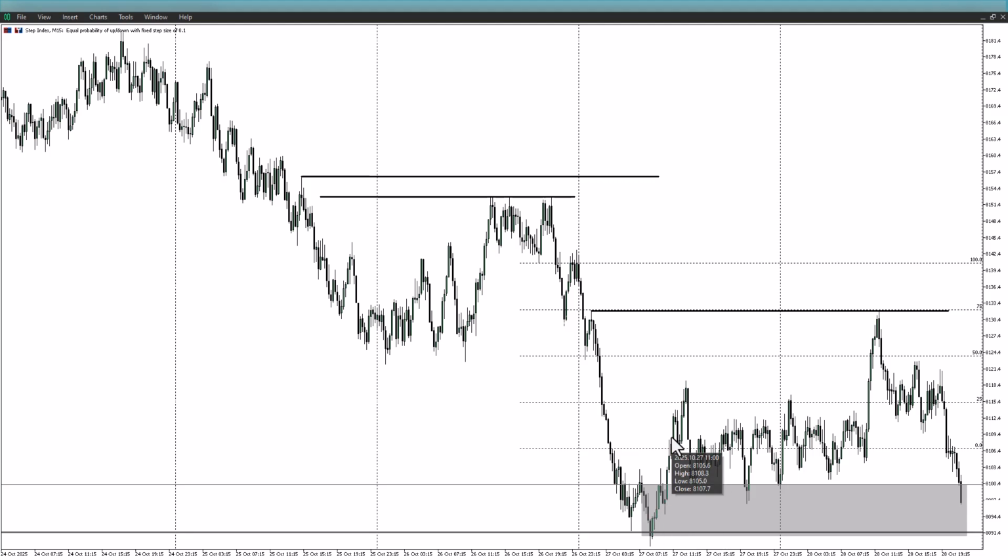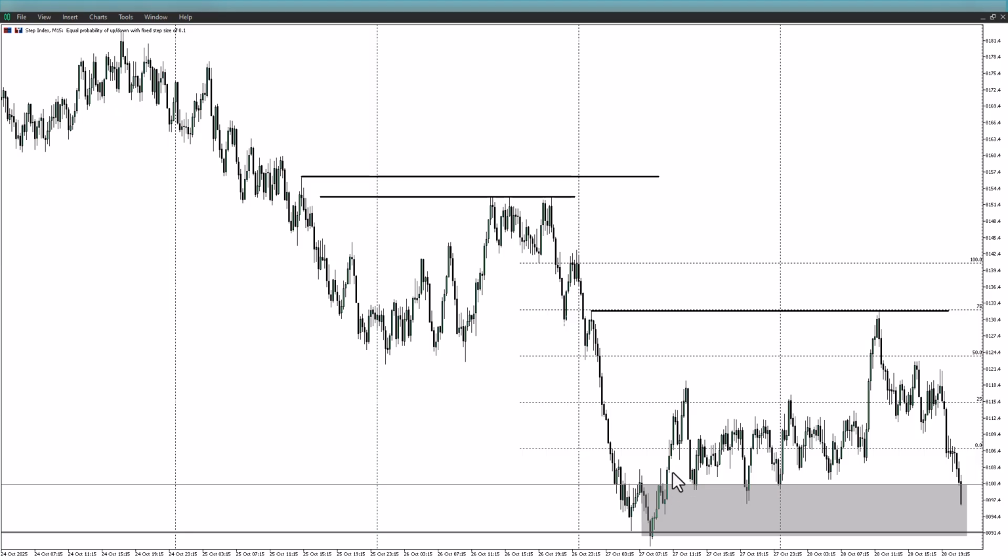You roll your paintbrush to the upside. Well, if you look back, there is a spot that you missed. That makes it a fair value gap. This is the spot that you missed.